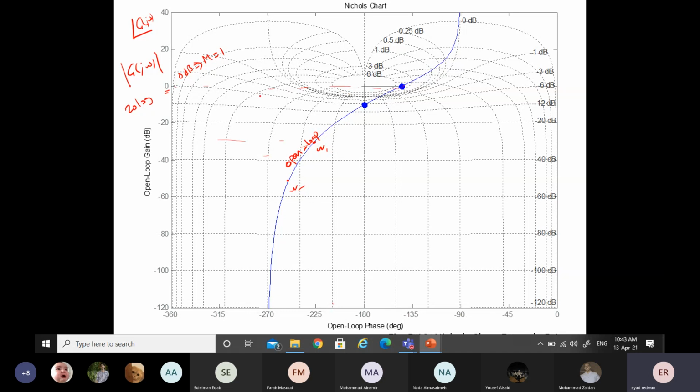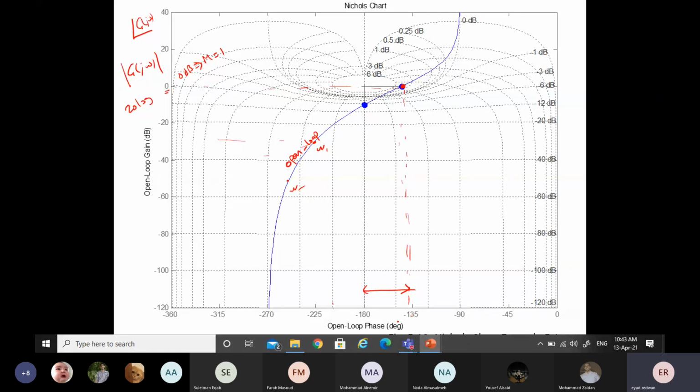So if the magnitude is equal to 1, I can check how much the phase can change before the system becomes unstable, given the magnitude of the open loop is 1. Now what's the angle?